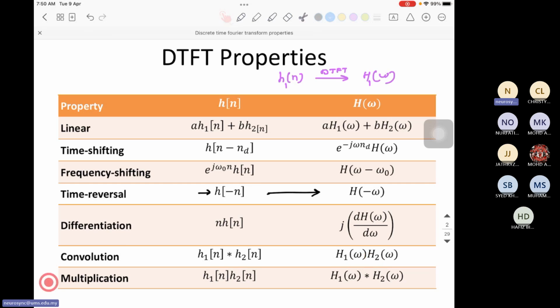If there is a multiplication in the time domain, it is equivalent to convolution in the frequency domain. Vice versa, if it is convolution in the time domain, then it is multiplication in the frequency domain. So these are the properties of the DTFT.